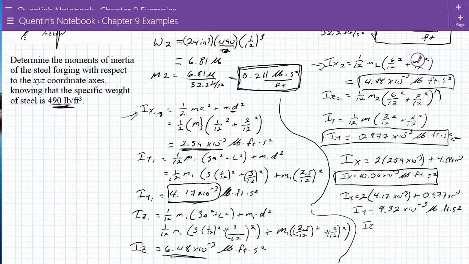And lastly, Iz is 2 of the Iz1 plus Iz2, which is 17.84 times 10 to the minus third pound foot second squared.